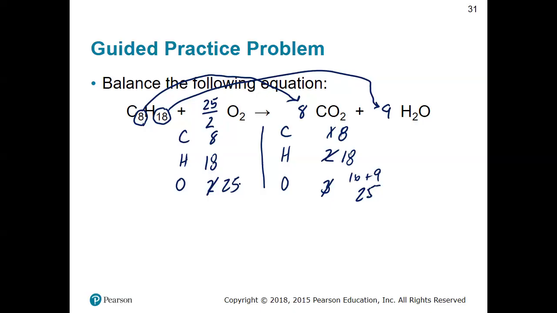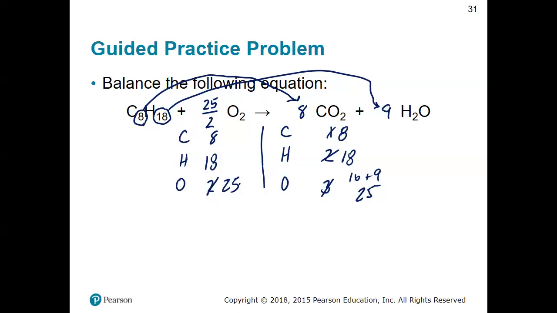Because if we're talking about oxygen molecules, O2, how do I get half of one of these? I don't know, and neither do you. That's the problem with this particular approach.